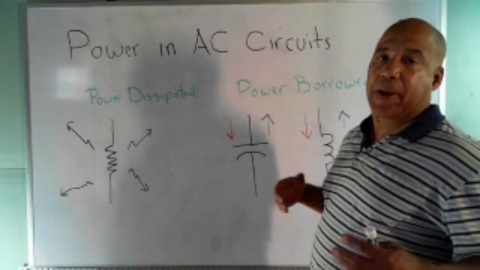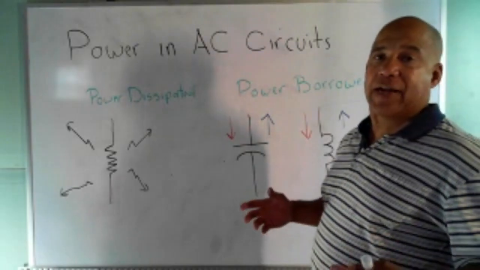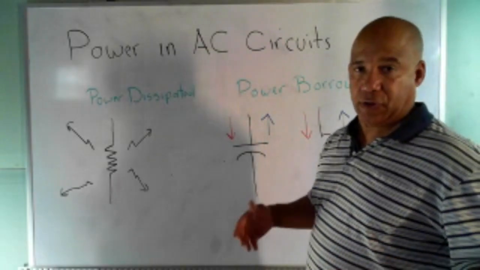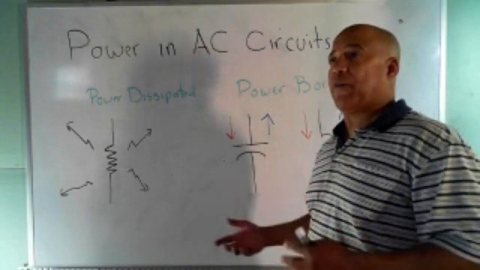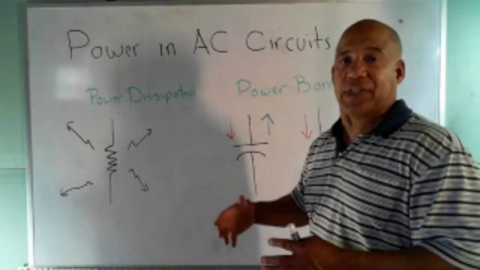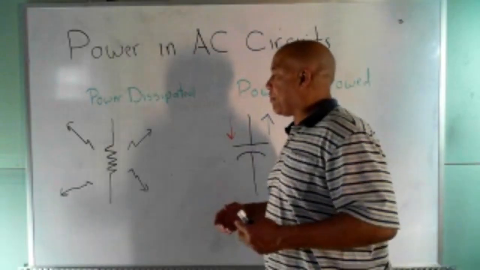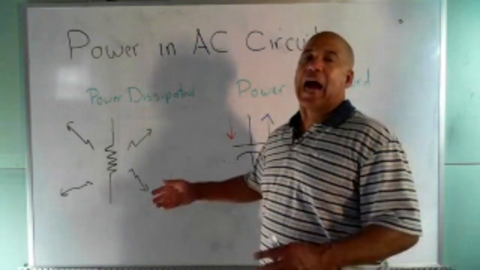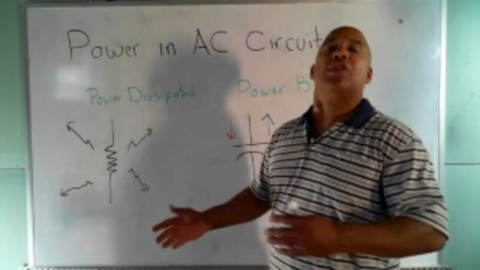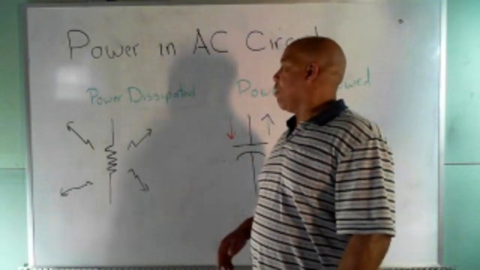Now, I'm using the term power, but remember, all power is the amount of energy you use in a certain amount of time. So when I refer to power, I'm really talking about energy in a given amount of time. So you can think energy, you can think power. You can think of power flowing, but it's really energy flowing back and forth in the circuit.